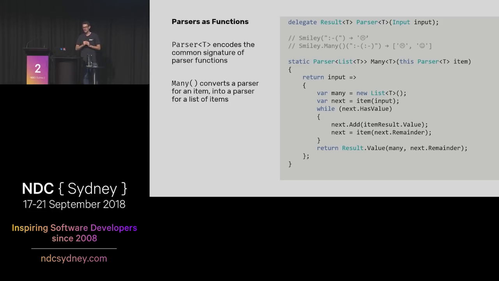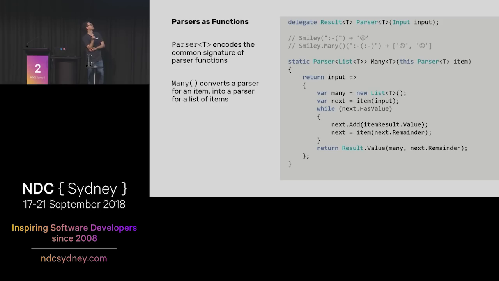To declare a parser, we first need a delegate type. To work with parsers as functions, we need a delegate type. The Parser of T delegate is just capturing that signature where we've got an input and we're returning a result with a value. Once we have that delegate type, we can start to write other functions that will process parsers into new parsers.